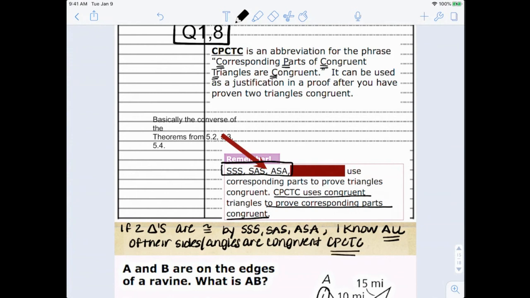So, hey, I know the triangles are congruent, so then my reasoning for everything else being congruent in these is CPCTC. Again, so here's what I would write down.